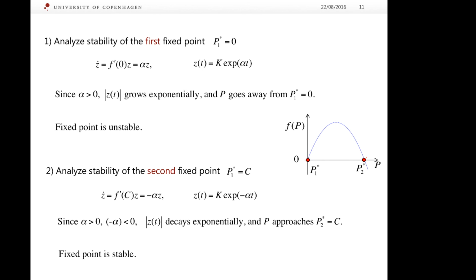Let us illustrate these stability properties on the phase line diagram of this dynamical system.